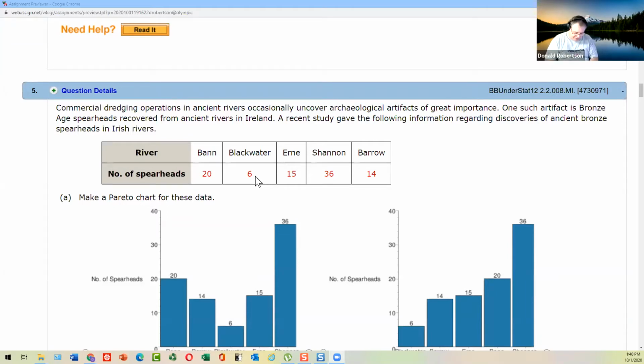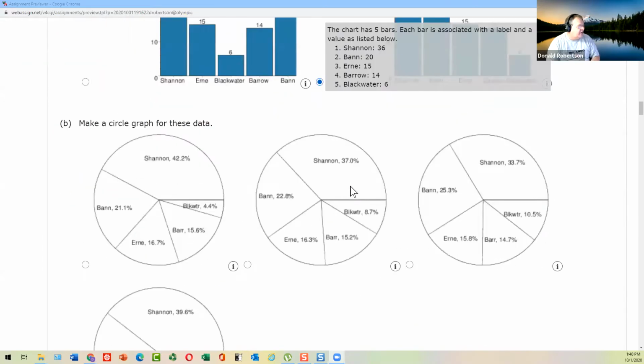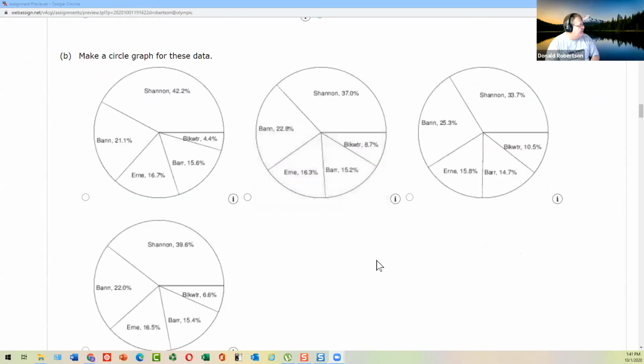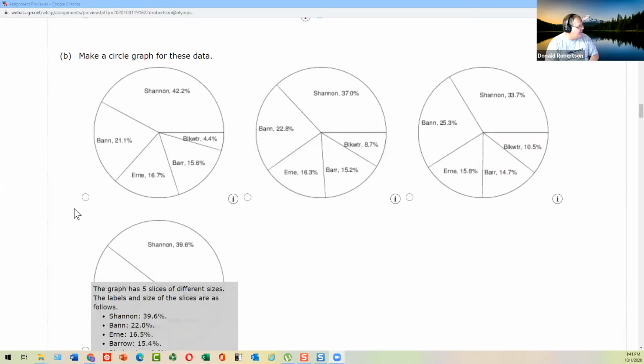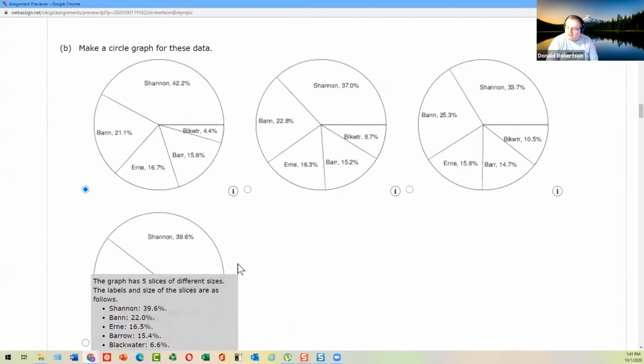So 36 divided by 91, the right answer should be 39.6. One of these should be 39.6, and there we got it. And that's it. Pie charts are done.